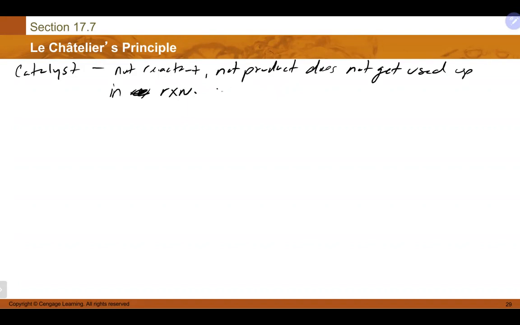It basically is just there to speed up a reaction in most cases. Most of the time, catalysts are written on top of the arrow, so something like platinum or H plus is written up on top. How that affects the equilibrium is that it actually has no change. It will have really no effect on the equilibrium.